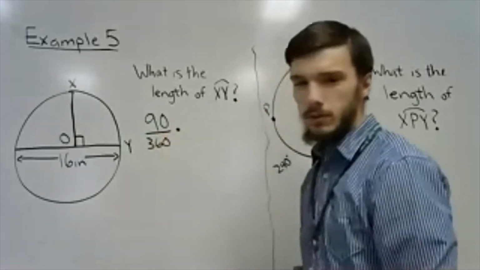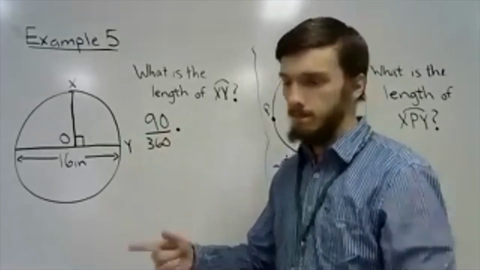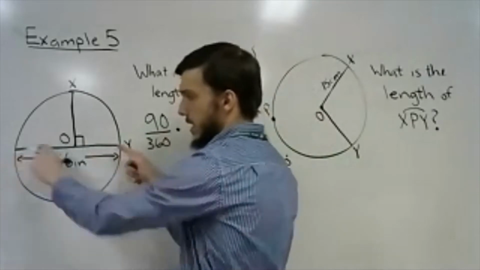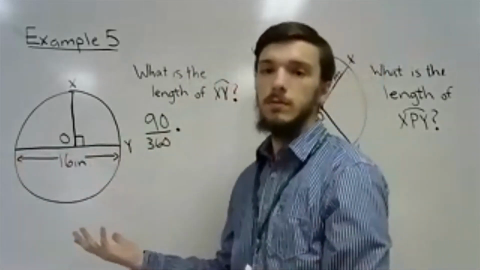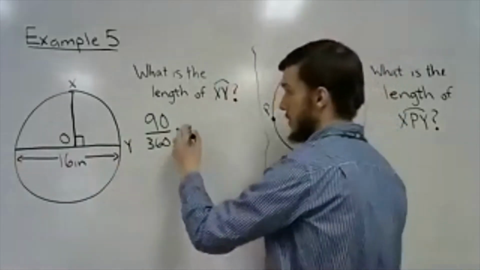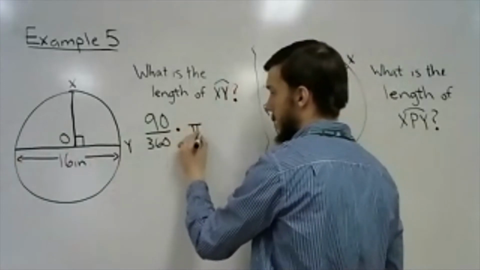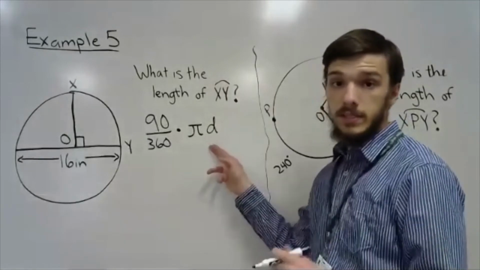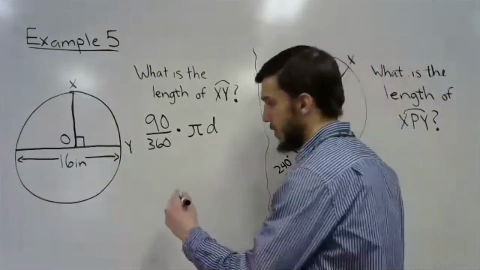Now, are we going to use the diameter or the radius form of circumference? Well, we're given here that the diameter is 16 inches. So we're going to use the diameter form of our circumference equation. So we have 90 over 360 times pi times diameter. Since our diameter is 16 inches, we're going to plug in 16 for d.